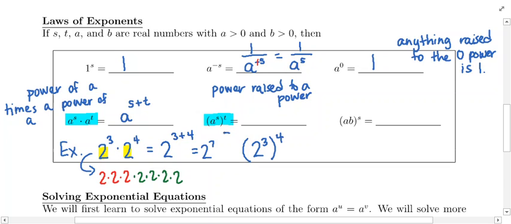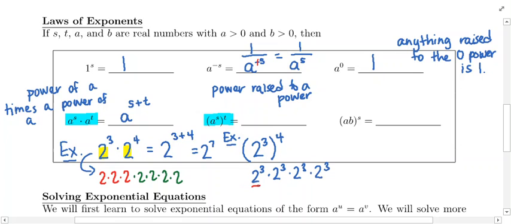So this would be an example of this new law. If you have 2 to the third raised to the fourth power, that means you take 2 to the third power and multiply it by itself 4 times. Then you could break down each one of these.